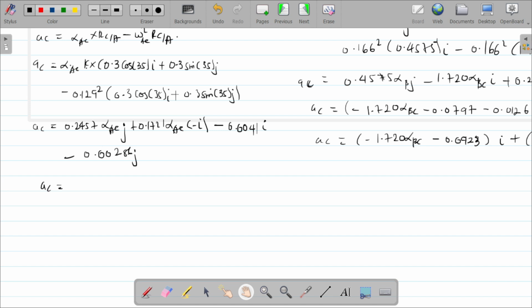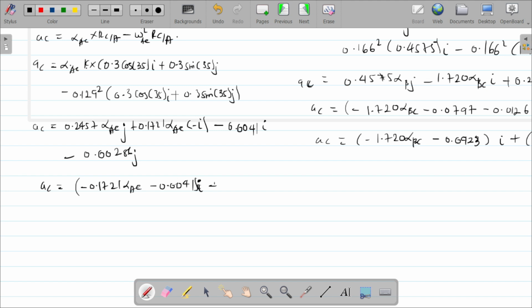So that will give us the I component: minus 0.1721 alpha AC, the next I minus 0.0041, all in brackets I, right?